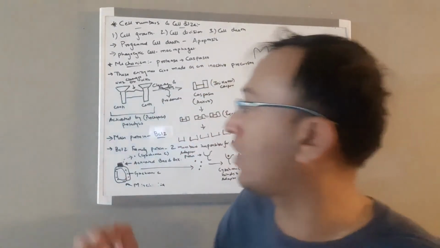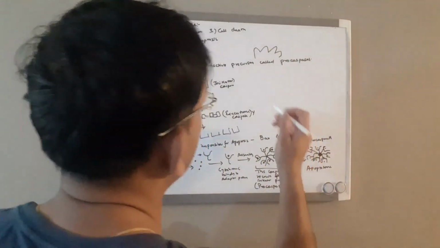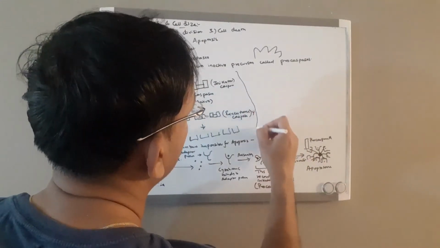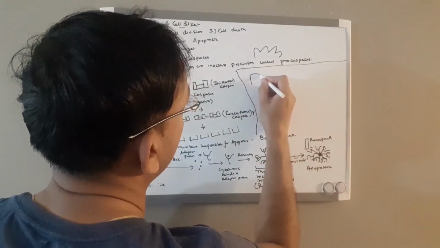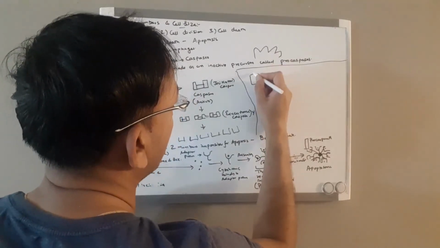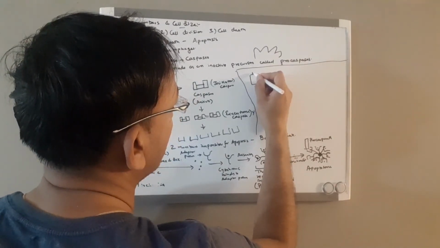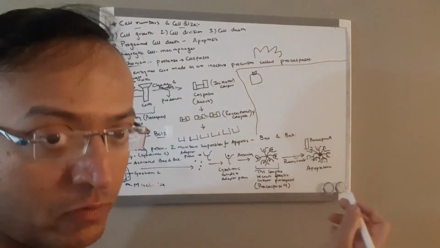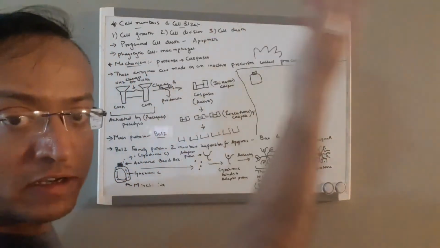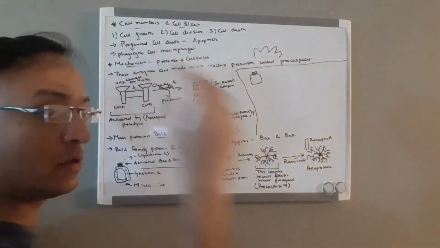So on the cell surface there is a receptor protein. For example, this is our cell and this is our receptor protein, which is known as a death receptor.